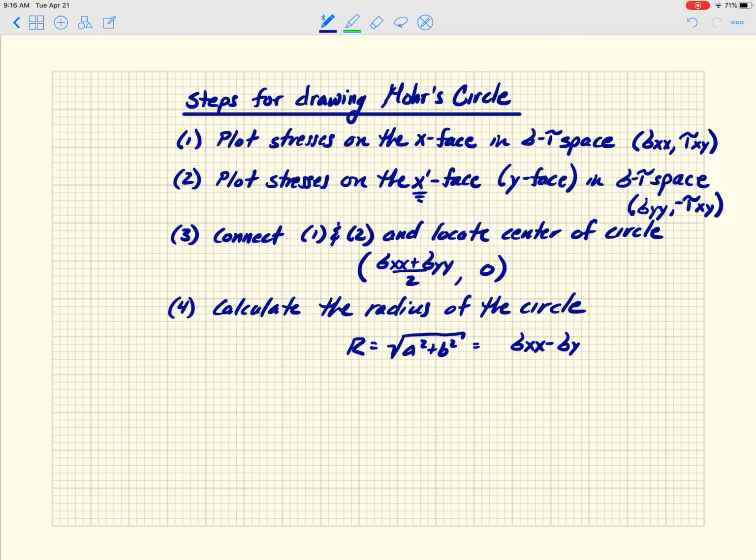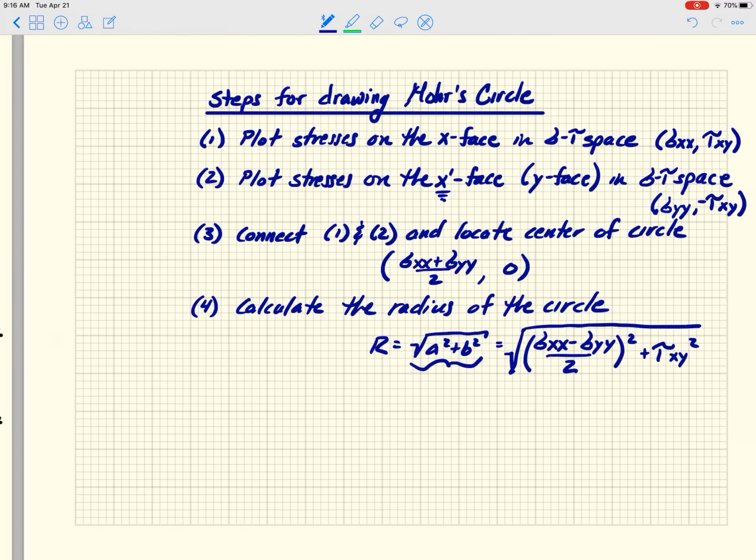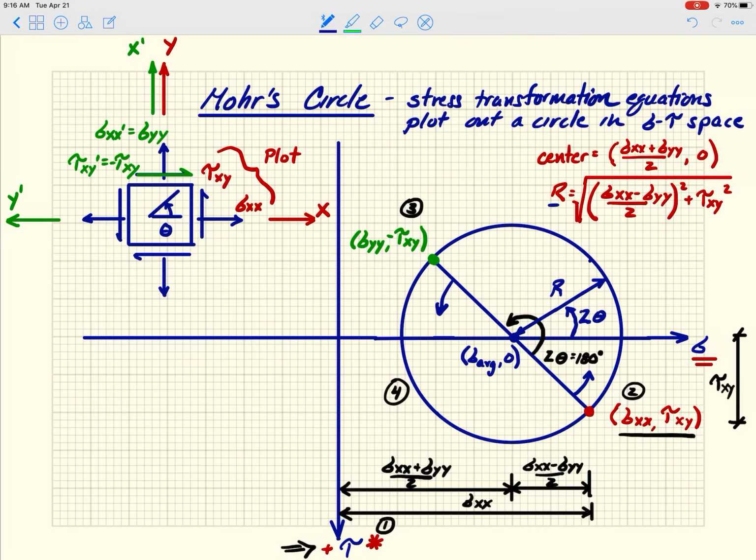And that is sigma xx minus sigma yy divided by 2, squared, plus tau xy squared. So you probably will not remember that expression so easily unless you remember the Pythagorean theorem, right?